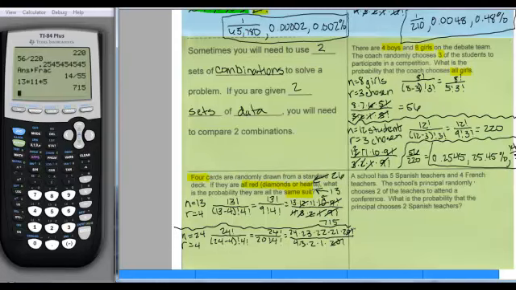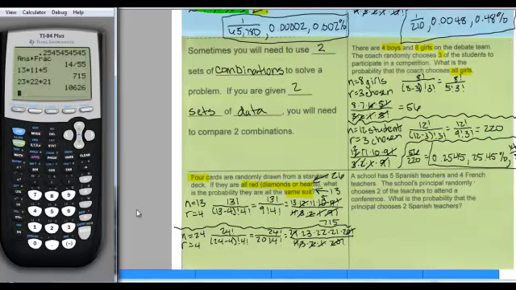The 20s cancel. 1 cancels. 4 times 3 is 12. 12 times 2 is 24. So we just have 23 times 22 times 21, which is 10,626. So that is our bottom number.